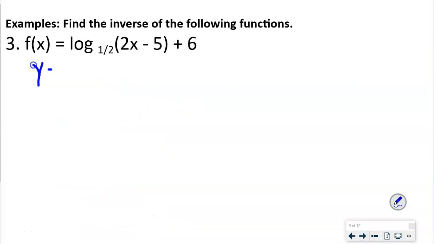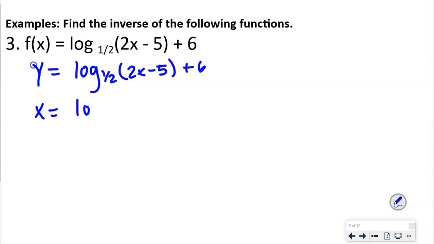Next one, y equals log base 1/2 of 2x minus 5, plus 6. Going to swap the x and y, so this is going to be x equals log base 1/2 of 2y minus 5, plus 6. I'm going to subtract that 6 from both sides first.